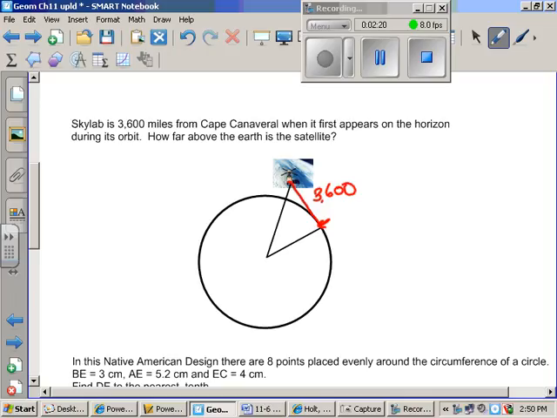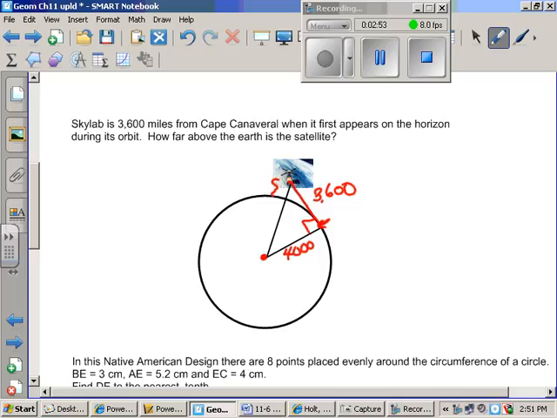So we're looking for this piece right here, correct? We know the radius of the Earth, from the center out to the edge, is 4,000 miles, and a tangent line drawn to a radius makes a right angle.